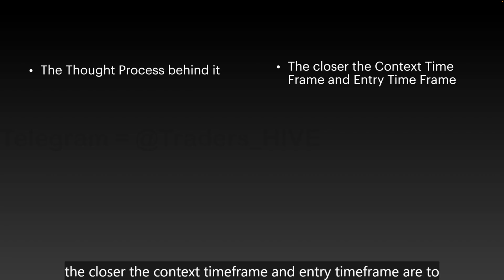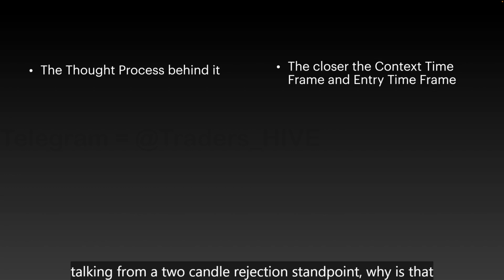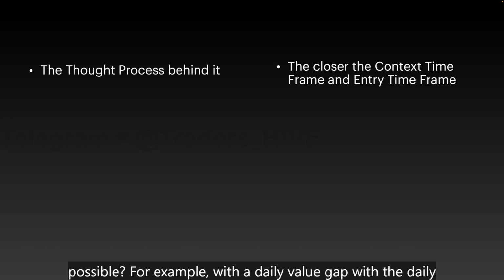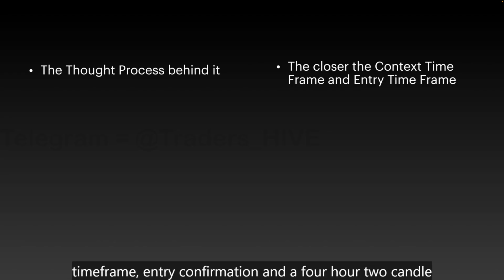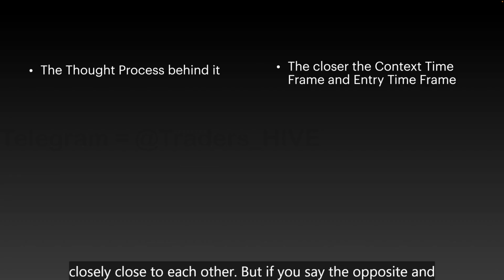It's not the greatest, because the closer the context time frame and entry time frame are to one another, the less confirmation you are going to need. So if we're talking from a 2-candle rejection standpoint, why is that possible? For example, with a daily value gap, with the daily time frame entry confirmation and a 4-hour 2-candle rejection confirmation, because those time frames are very close to each other.